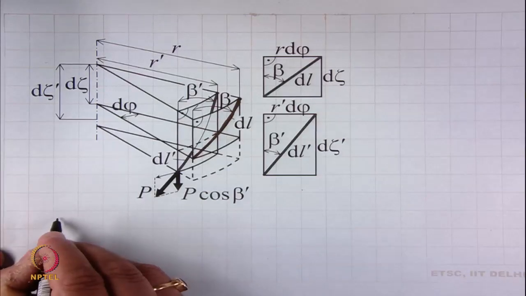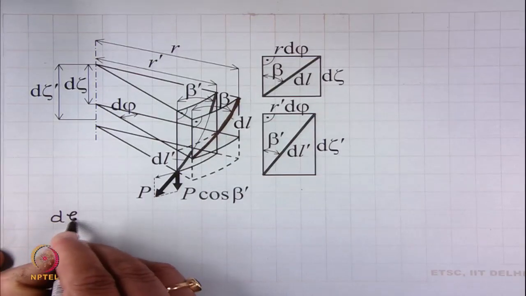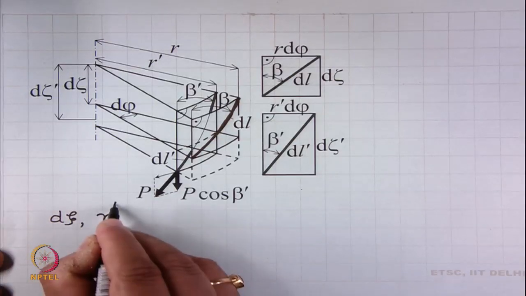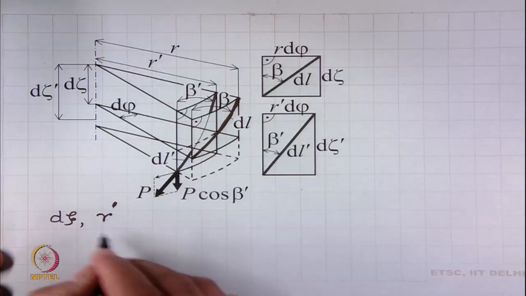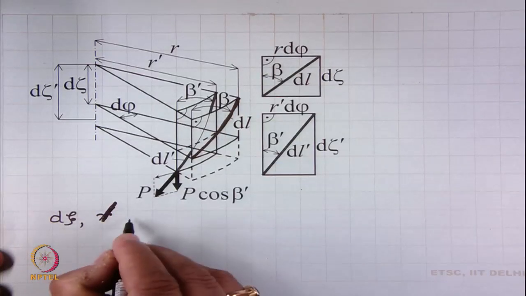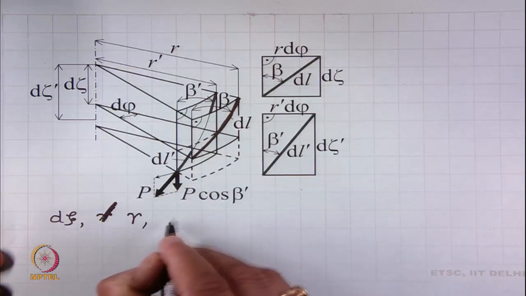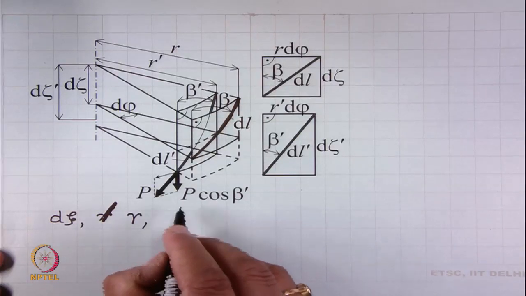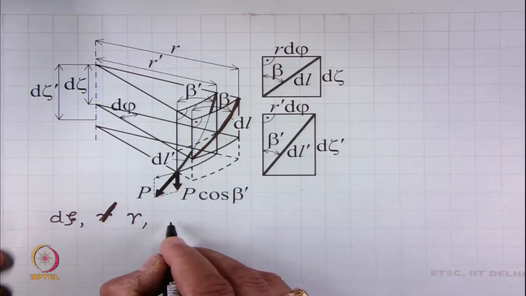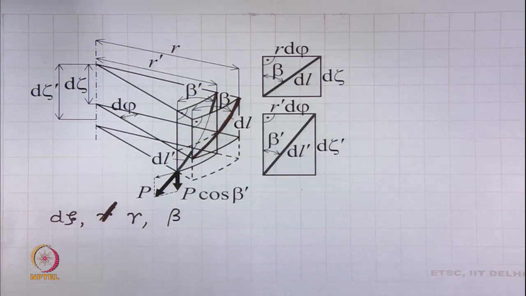One is d zeta, second is r, and the third is the angle beta.